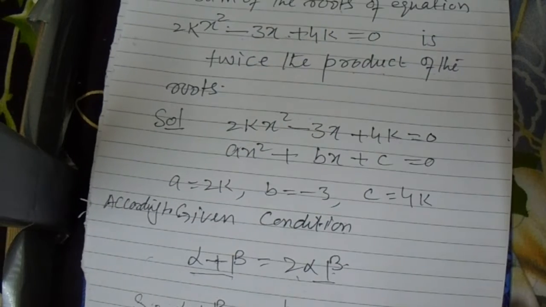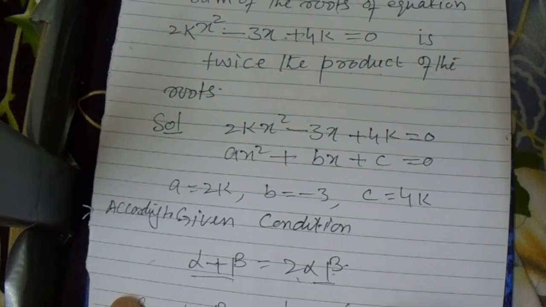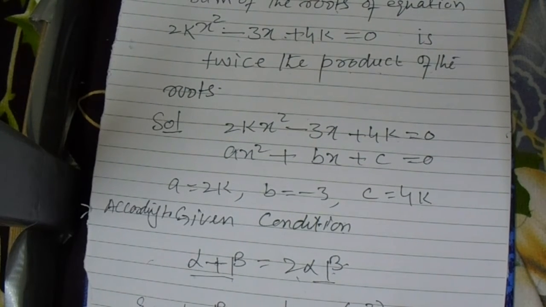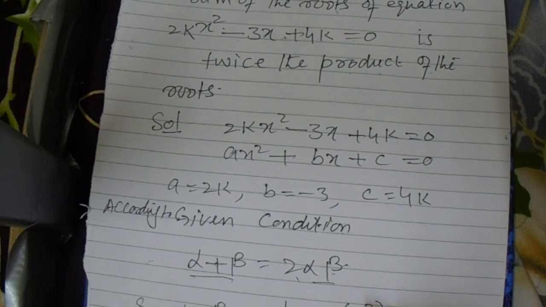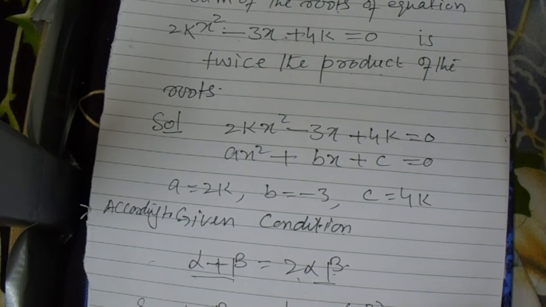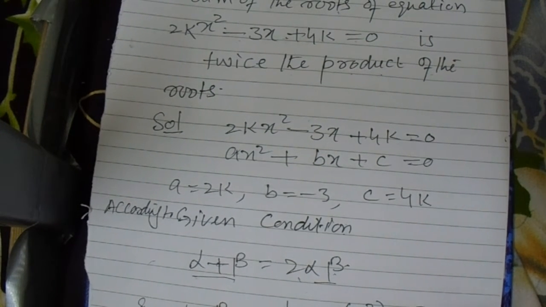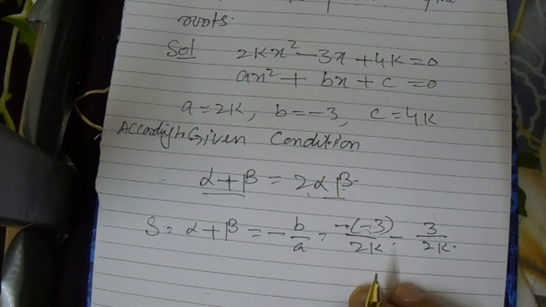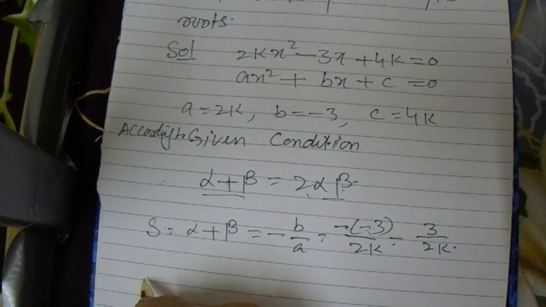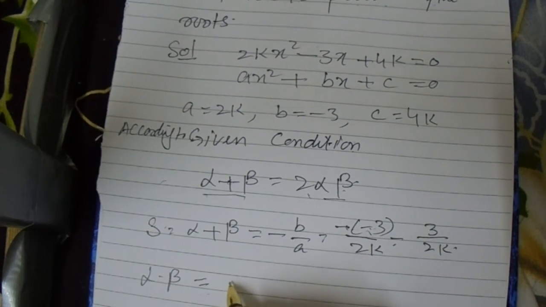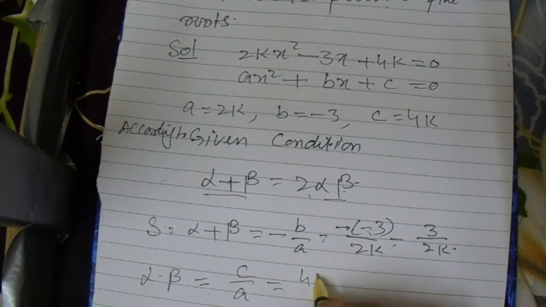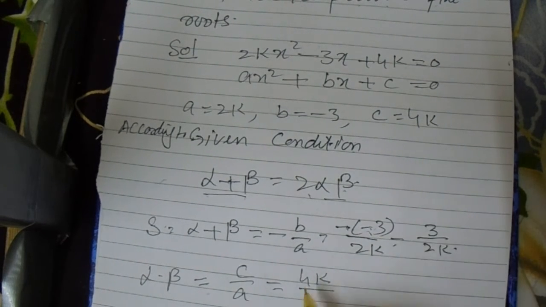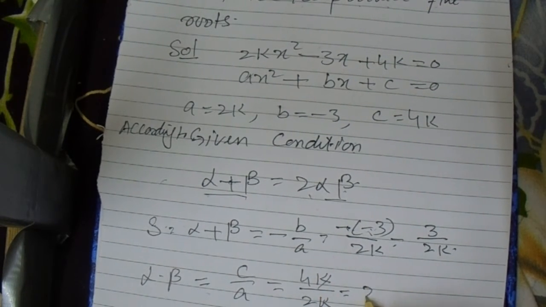Here b is −3, so we write −(−3) over a, and a is 2k. So the sum of the roots is 3 over 2k. The product of the roots, alpha × beta, is c over a, and c is 4k, so it is 4k over 2k. The k cancels, and 4 over 2 is 2.